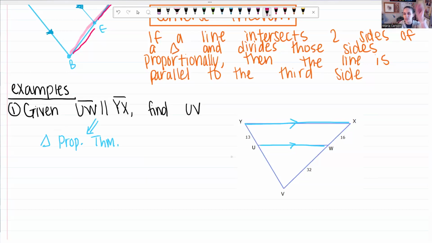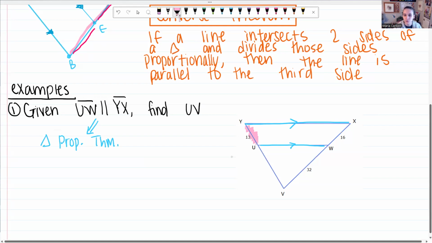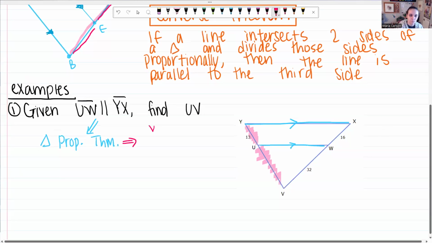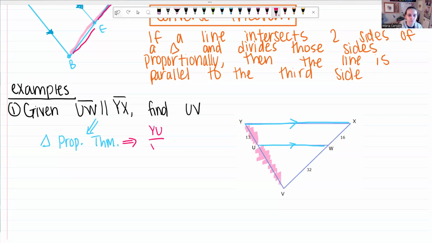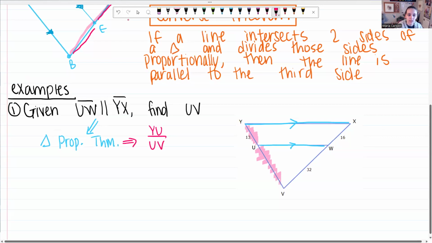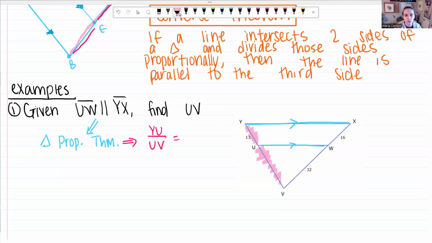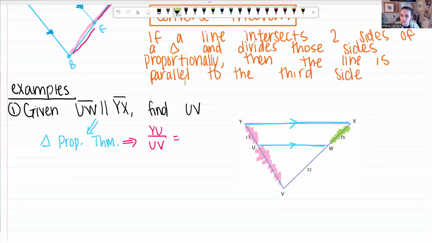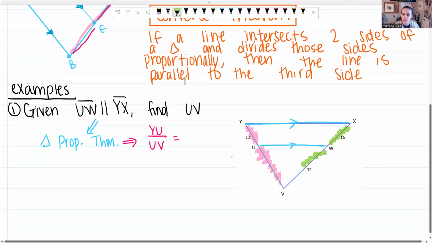So because these two lines are parallel and UW intersects these two sides, then I know that YU over UV is equal to XW over WV.